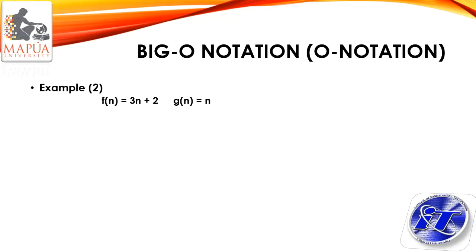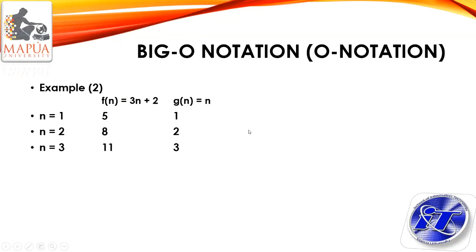Another example: 3n plus 2, and our g at n is equal to n. We're going to determine if the given function is a big O notation of n. Same procedure. So n is equal to 1, the result here is 5, and here is 1.